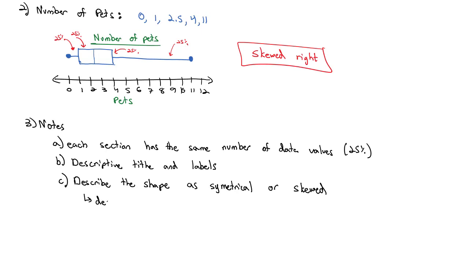Speaking of the description of the graph, we can also describe the box, which is describing the middle 50% of our data. So while the entire graph that I have above is skewed to the right, because we had that one person that was way out there with 11 pets, the middle 50% is actually symmetrical.